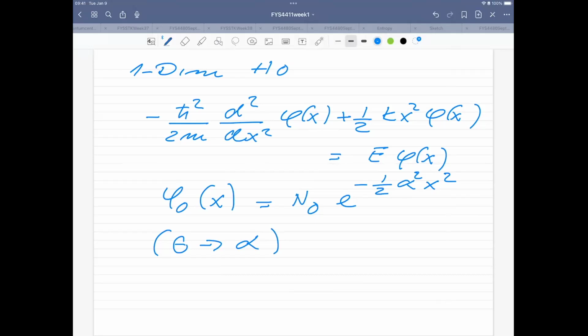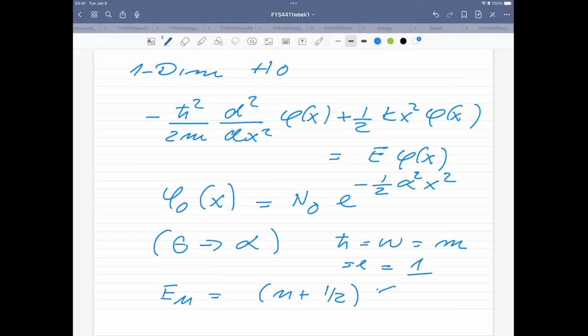I'm going to put h bar, the frequency, the mass, and the charge equal to 1 to simplify. So I'm going to use natural constants. That means that the energy, actually I should write E of n because it's quantized, of the harmonic oscillator is going to be given by n plus 1/2.